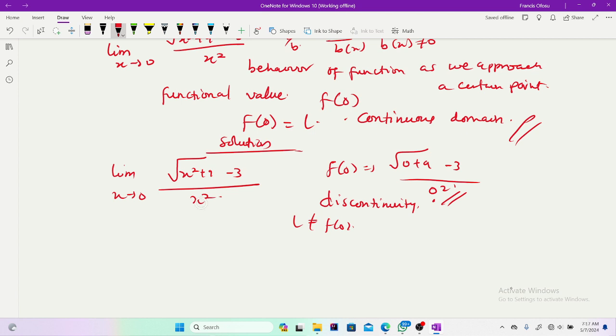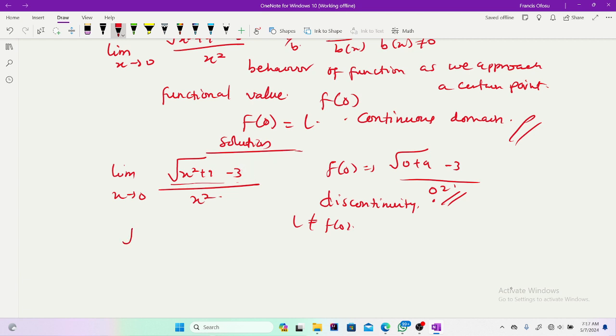So the next thing to do is to take away any form of discontinuity if it's possible. A discontinuity is said to be removable, provided we can adjust our function so that we can take the discontinuity out. Let's see if we can do that here. This whole expression has a square root, so we can take the conjugate and multiply to eliminate that.